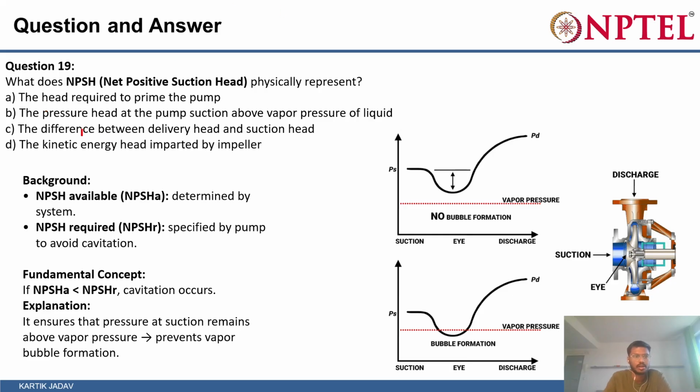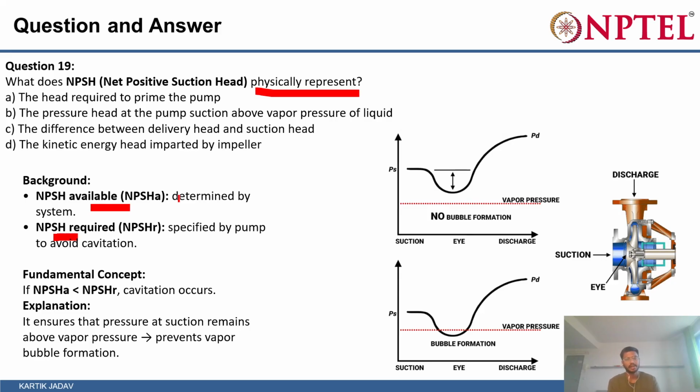Next question, what does the net positive suction head physically represent? We know that there is net positive suction head available and net positive suction head required. These are two concepts: the available is determined by the system while the required is specified by the pump to avoid cavitation.